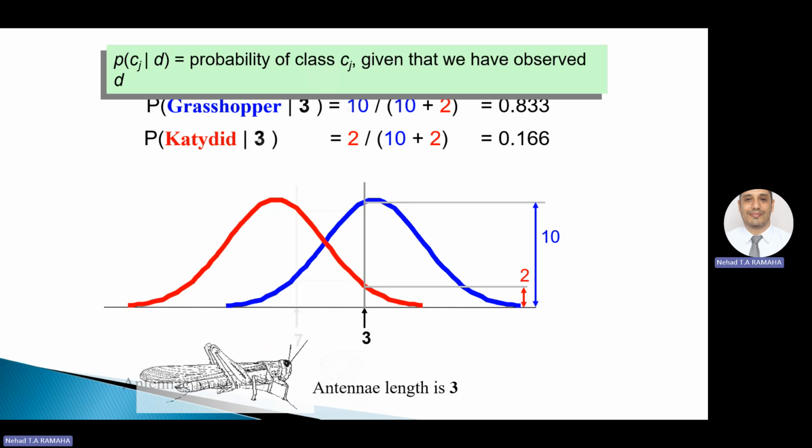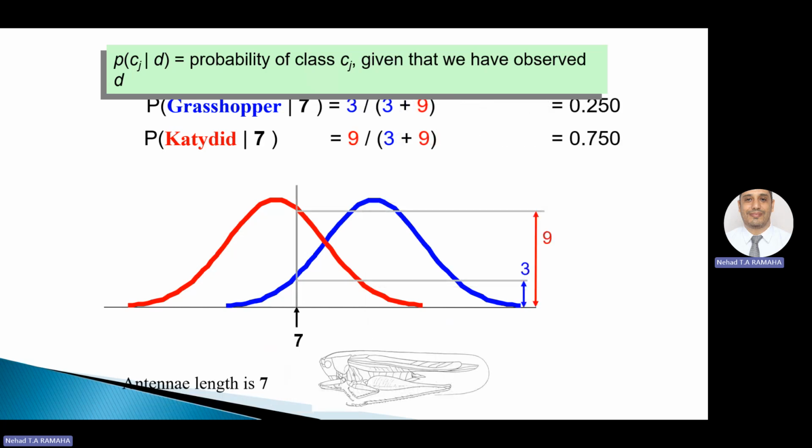Let's make your view wider. Here is another example: we have this insect with antenna length 7. How many in the data set have length 7? From grasshopper we have 3, from katydid we have 9.